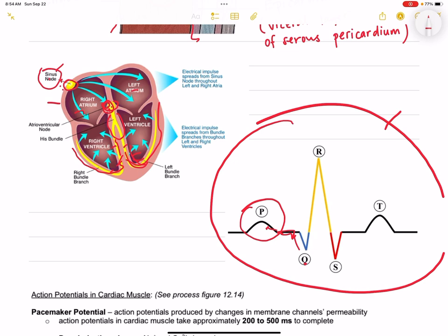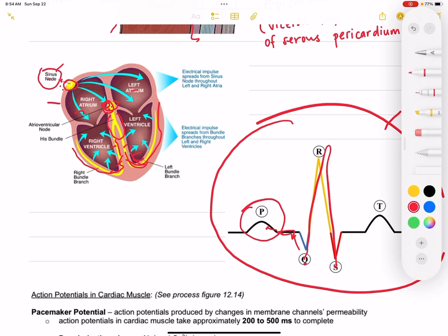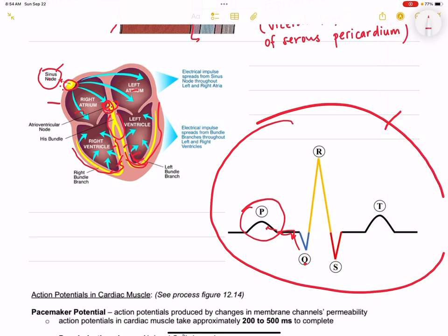So ang QRS complex naman naton, QRS complex naman marks the firing of the AV node and represents ventricular depolarization. Okay, so ang Q corresponds to depolarization of the interventricular septum.